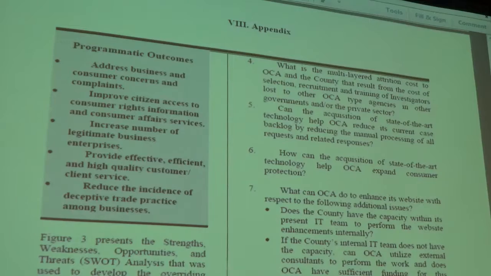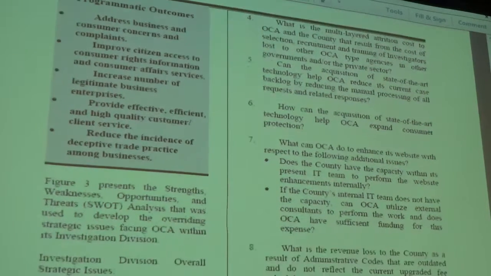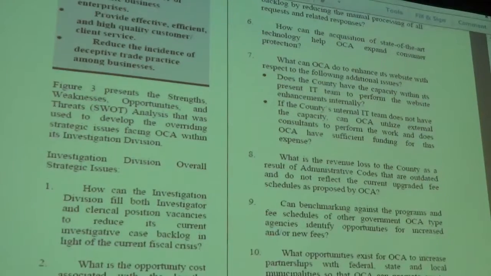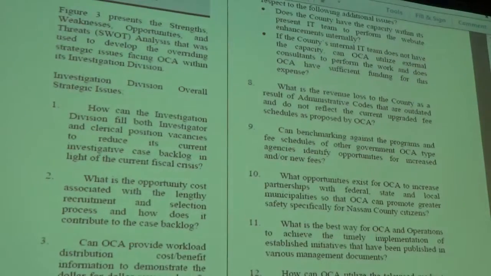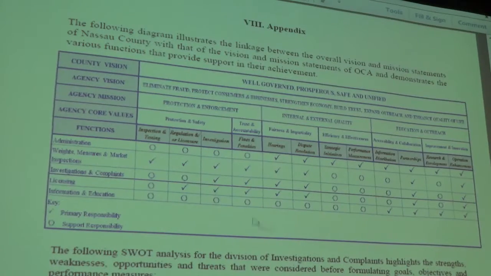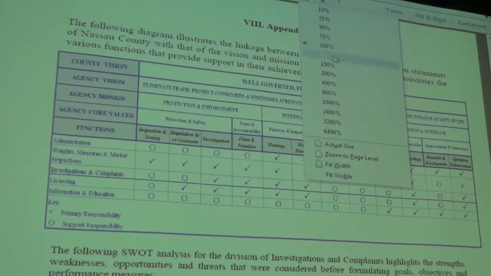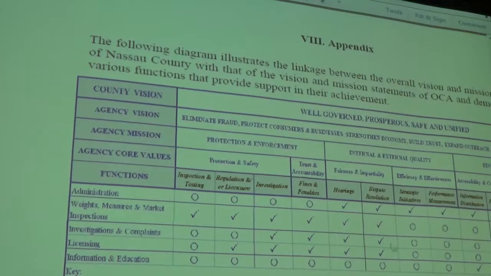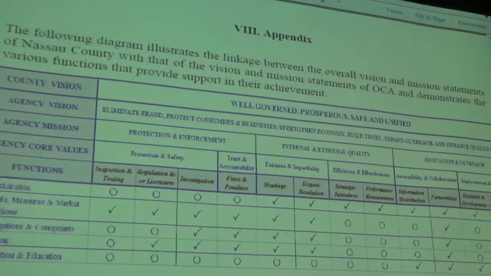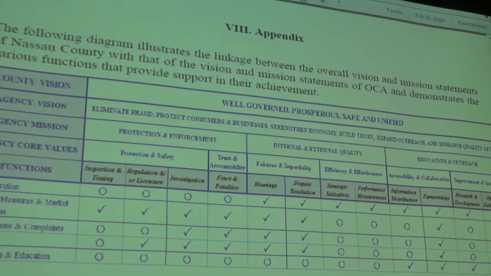You have programs and outcomes. As you can tell, we have things that deal with opportunities. Let me make this bigger.